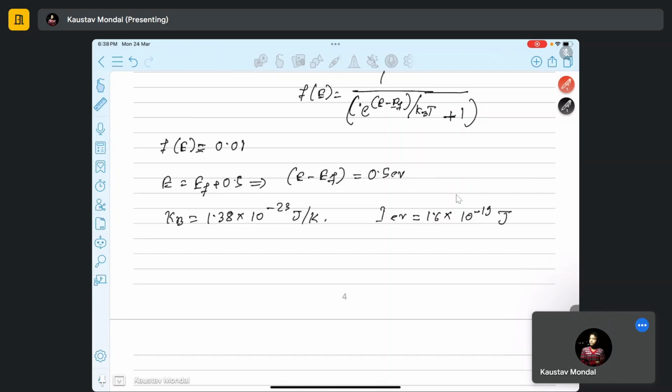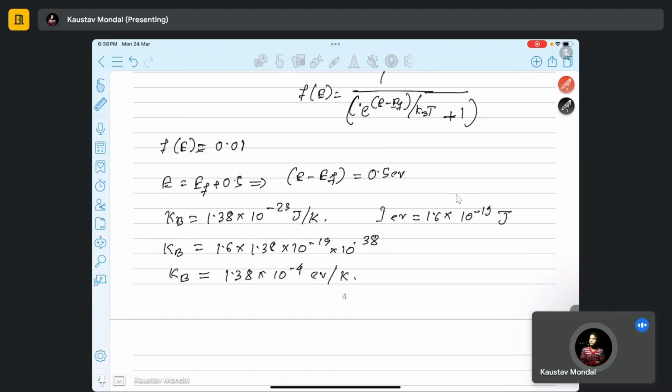So if we divide this kB value by 1.6, it gives 1.38 into 10 to the power minus 23 minus minus 19, which gives the kB value in the electron volt scale. The value would be simply 1.38 into 10 to the power minus 4 electron volt per Kelvin.